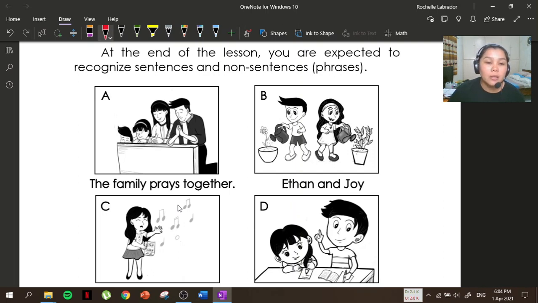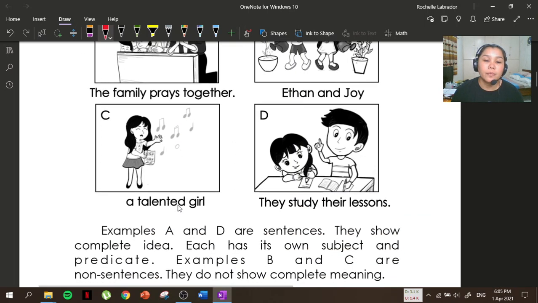For A, the sentence for this picture is, the family prays together. For B, example based on the picture, Ethan and Joy. And for letter C, example, a talented girl. And for letter D, example, based on the picture, they study their lessons.